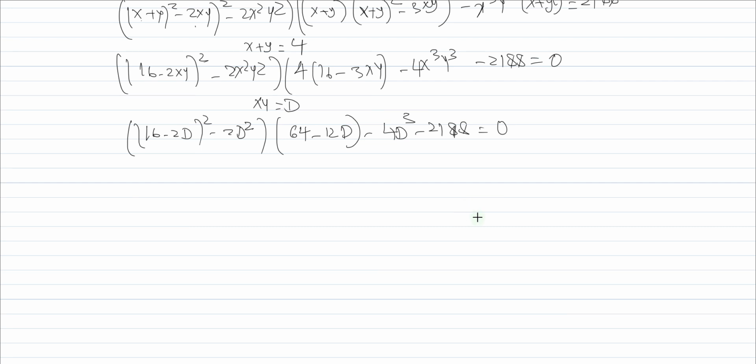So, guys, from here, solving this, taking this square and then multiplying, we will have what? Let me actually do this first. From here, we're going to have 256 minus 32, then 64d, and then plus 4d squared, and then minus 2d squared, which will multiply 64 minus 12d, and then minus 4d to the power of 3 minus 2188, and this is 0.